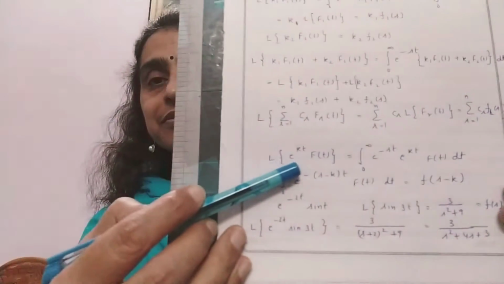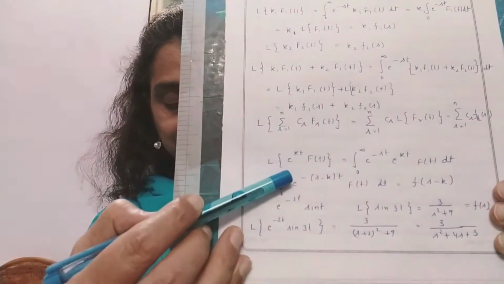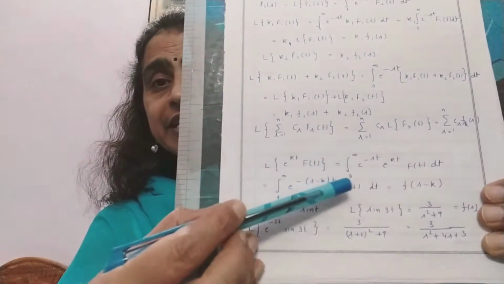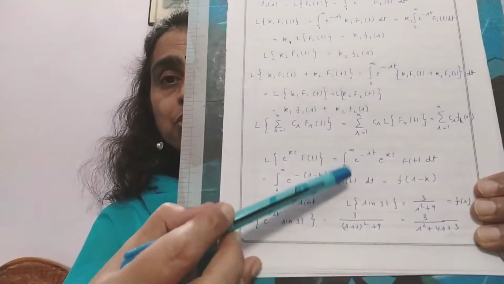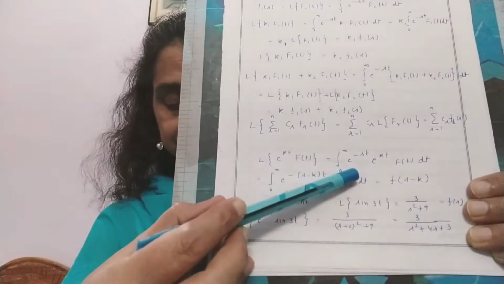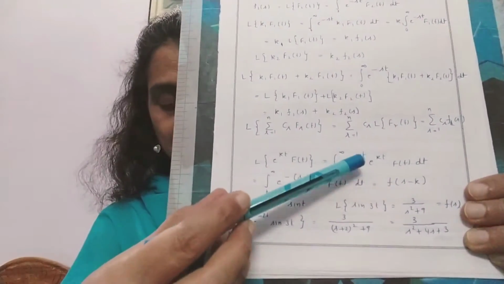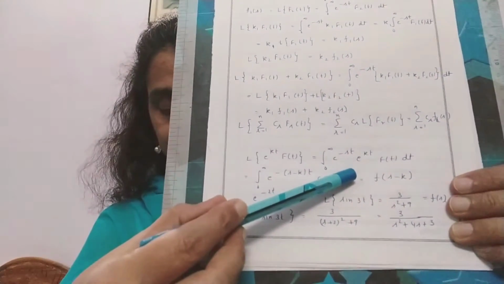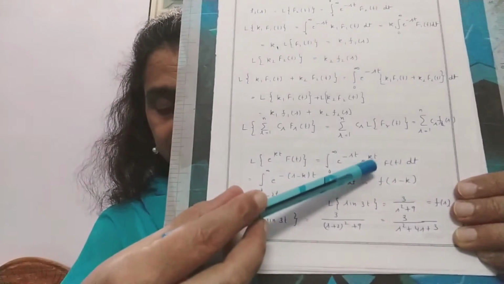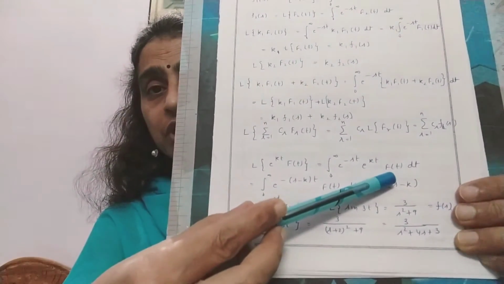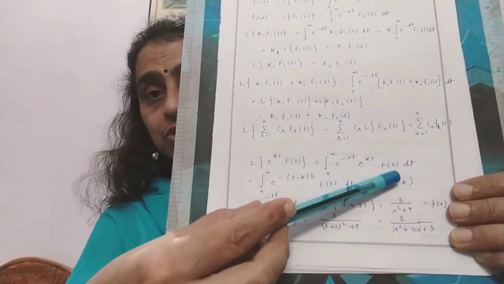Write down on the left hand side L of e^(kt) f(t), and on the right hand side write down integral 0 to infinity e^(-st) into e^(kt) into f(t) dt.